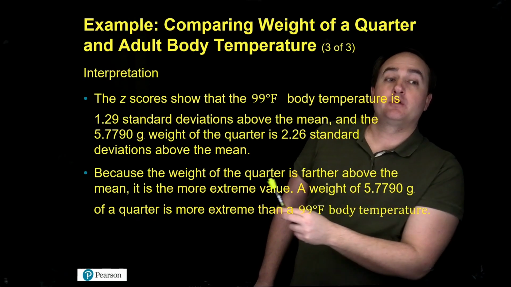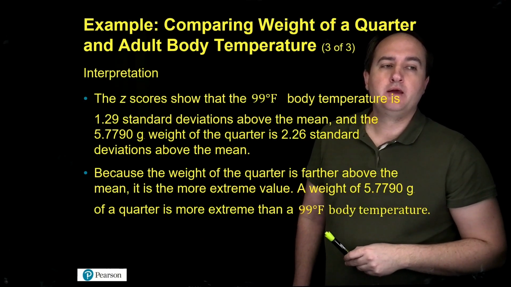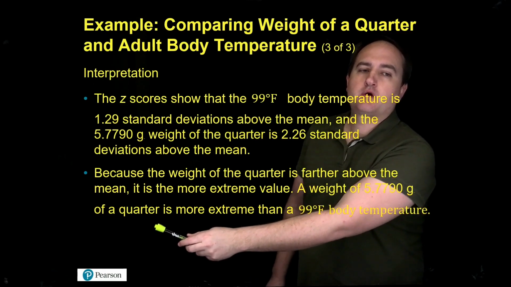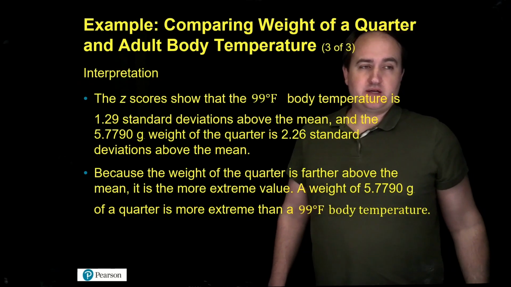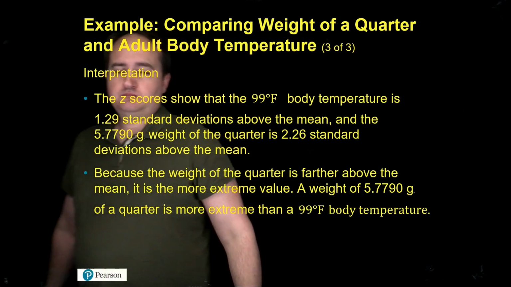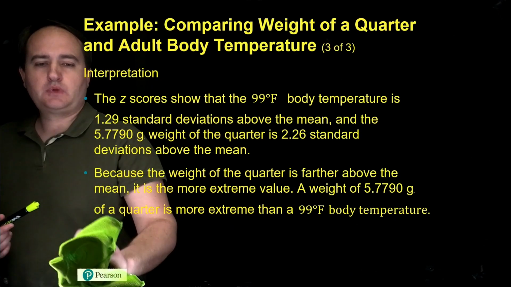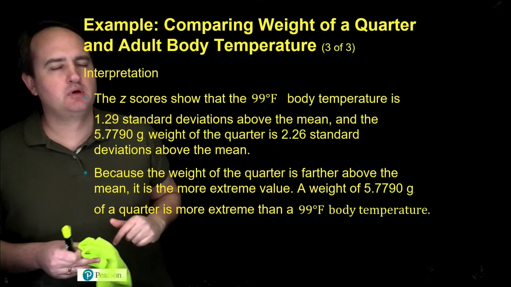Because the weight of the quarter is farther above the mean, it is the more extreme value. A weight of 5.7790 grams of a quarter is more extreme than a 99-degree Fahrenheit body temperature. Okay? So that is an interesting example.